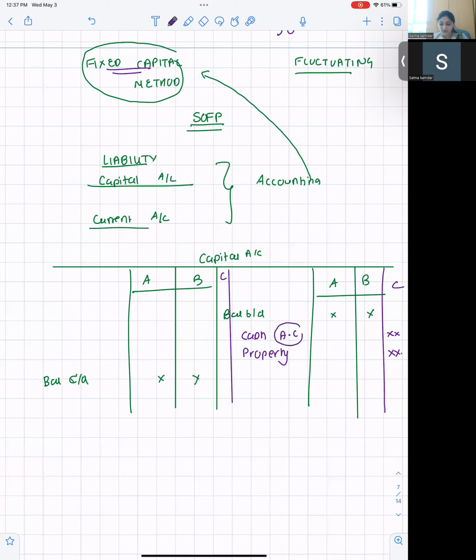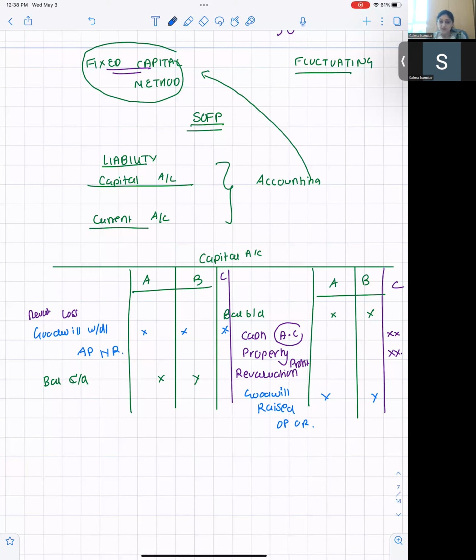It may change because of revaluation. If you have any revaluation profit or any revaluation losses, it can change because of that. And the third thing, it will change because of goodwill raised. You should always know that goodwill is raised among the old partners in the old ratio, and goodwill is written off among the new partners in the new ratio, or I could say it is written off amongst all the remaining partners in the remaining profit sharing ratio.